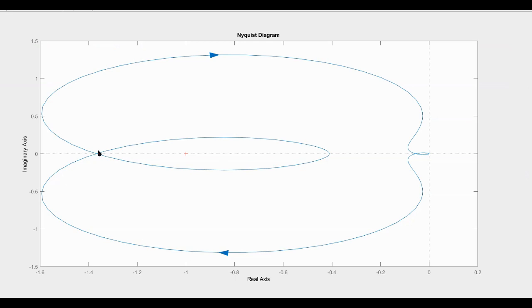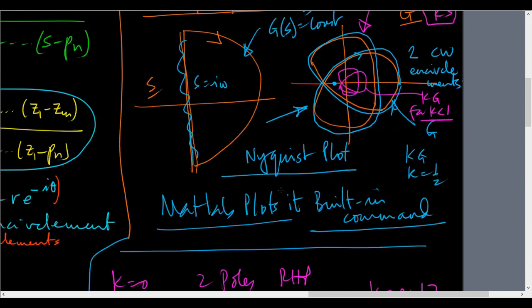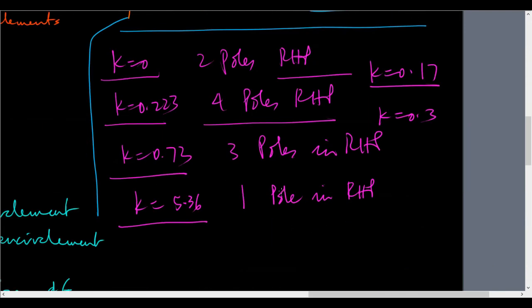So you see, 1 encirclement, another encirclement, 2 clockwise encirclements. That means the number of closed loop poles, which is now 4, minus the number of open loop poles, which was 2, is 2. That's consistent.